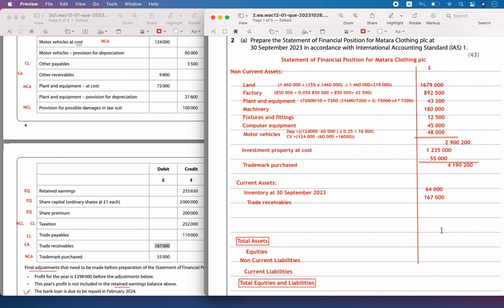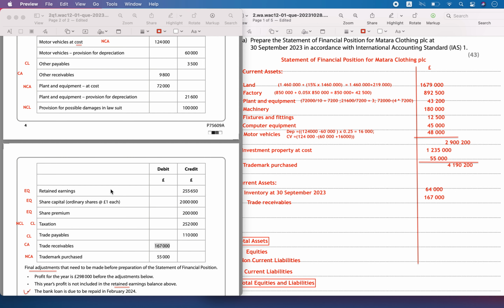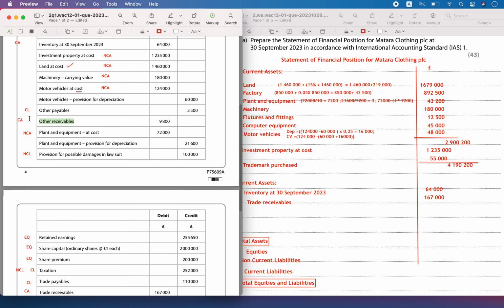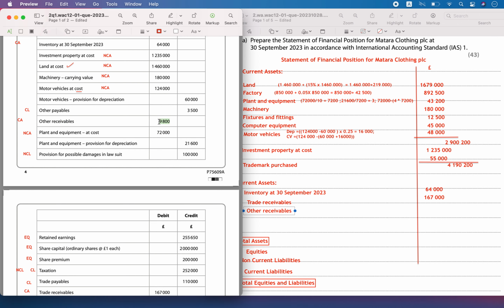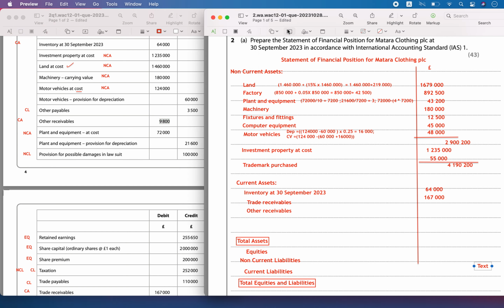Then you have the other receivables at 9,800.